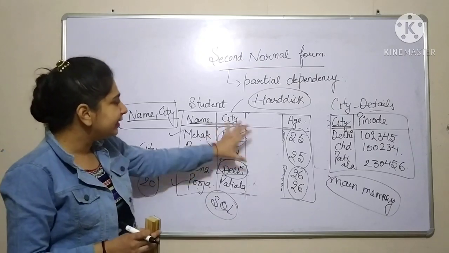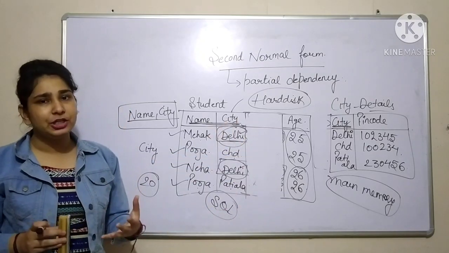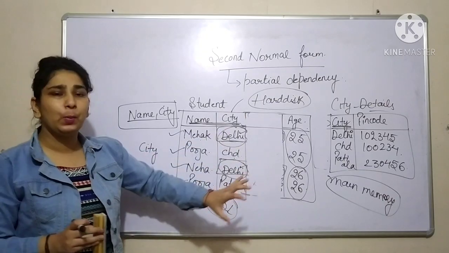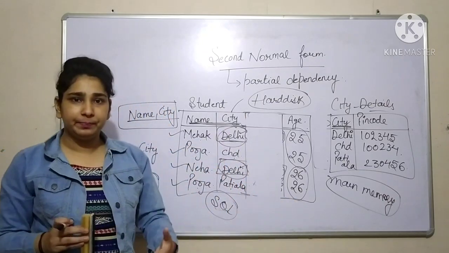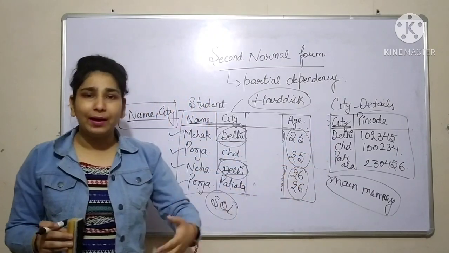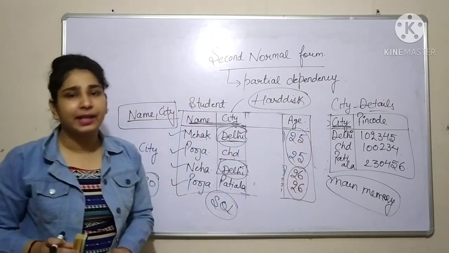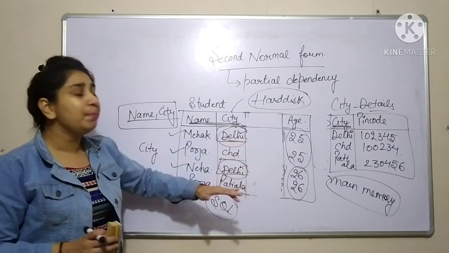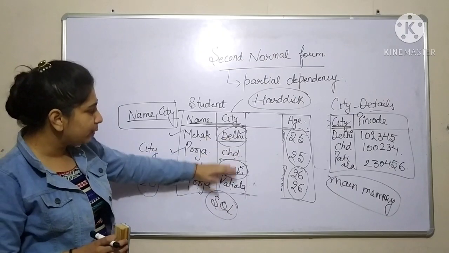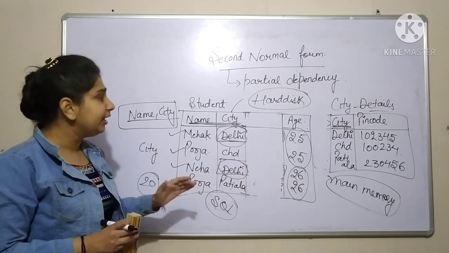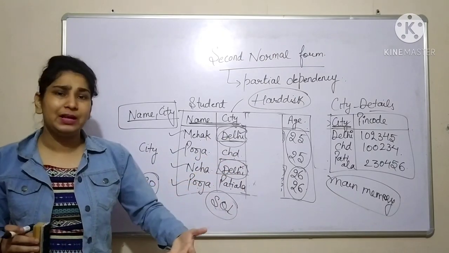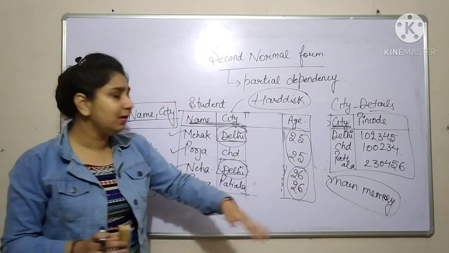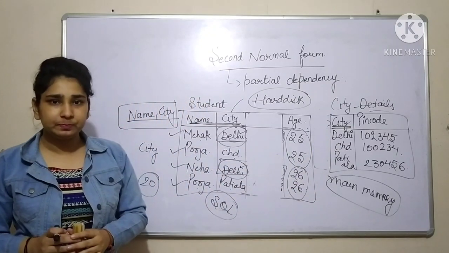Wherever you find redundancy in your relation, we try to decompose it, and all the redundant values are stored only once as one entry in the other table. Like we had Delhi and the same pin code at many places. In this we just have 2 places, but in your real table it might be present at 10 places. So we are storing only one entry in the separate table.